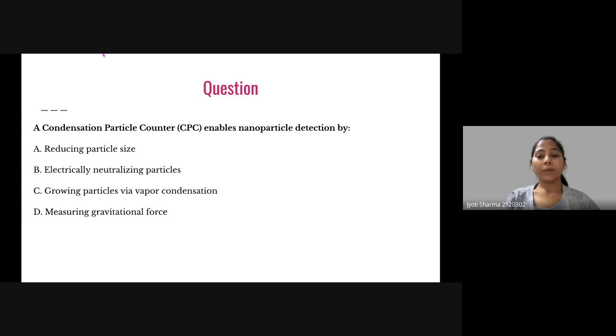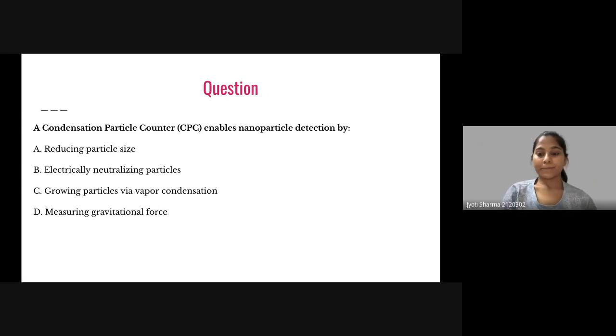Now we are moving to a different technique, the condensation particle counter, that will enable us to detect nanoparticles also. You have four options. How does it detect nanoparticles? Reducing particle size, electrically neutralizing particles, growing particles by vapor condensation, measuring gravitational force.